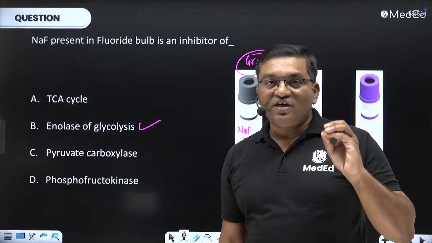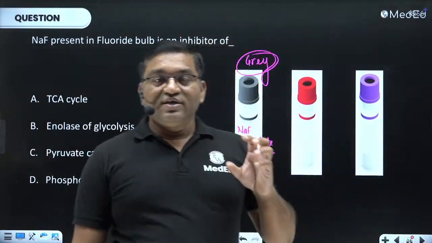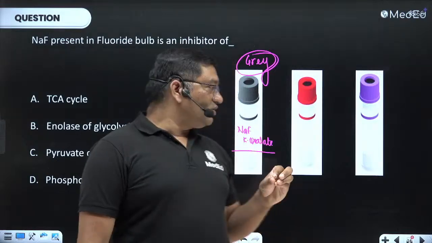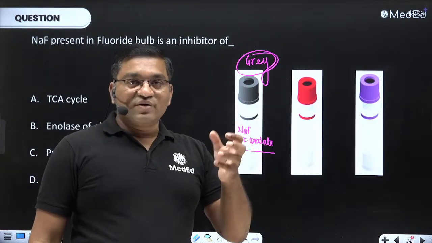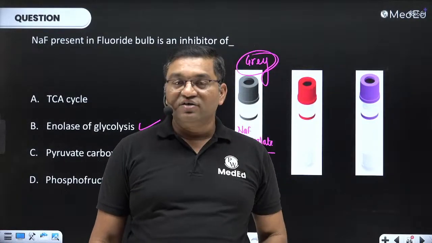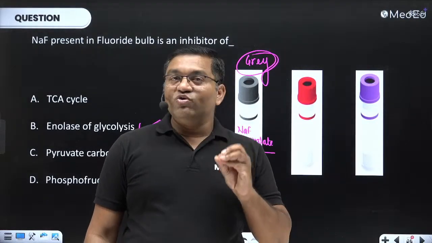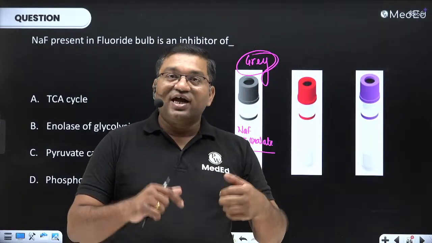It prevents the continuous glycolysis and maintains the sugar level in that sample. This is needed. If we do not follow this procedure, the sugar level in the collected sample will decrease by 5 to 10 milligram per deciliter per hour. So you cannot get the true value of glucose if there is a lag between the collection and the estimation.